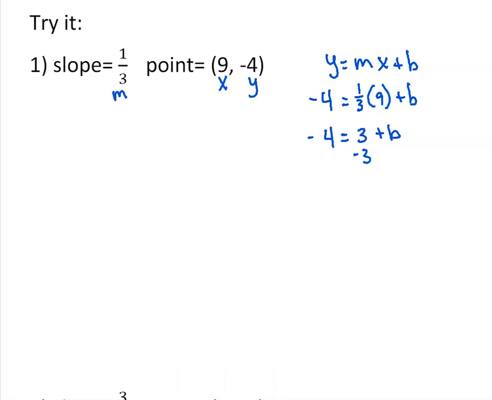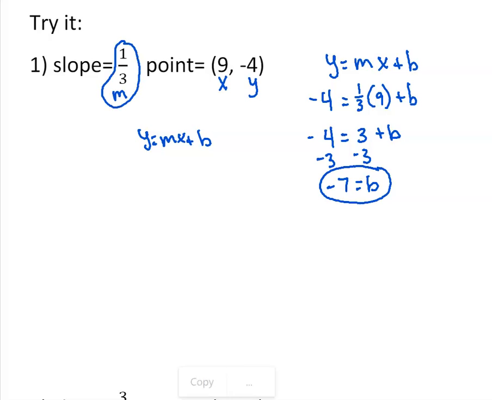Then I'm going to subtract 3 on both sides to get -7. But remember, this is not my final answer. I'm going to take my slope-intercept form, use the slope from the beginning and the b I just found to write my equation. So my final answer is going to be y equals 1/3 x minus 7.